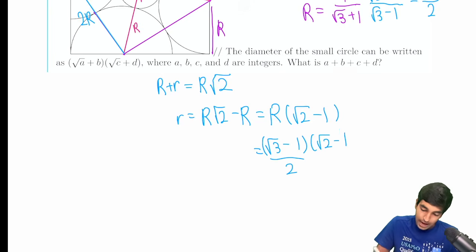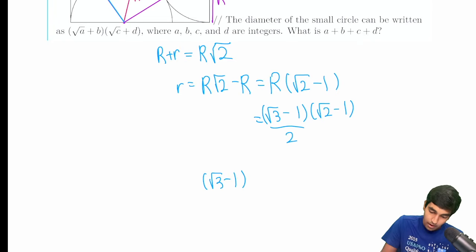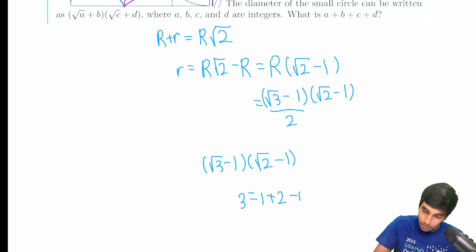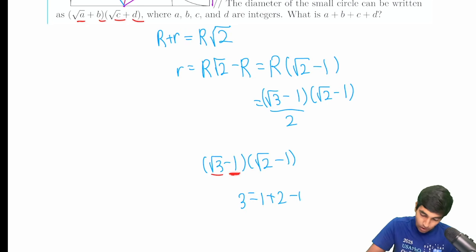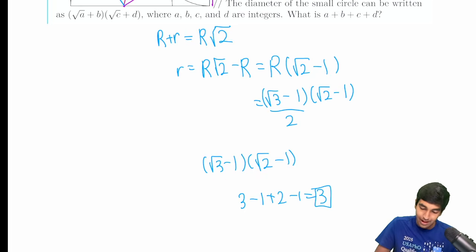But we're looking for the diameter, which is just 2 times this, so root 3 minus 1 times root 2 minus 1. Let's do it step by step, A, B, C, D, and we get an answer of 2 plus 1, 3. So 3 is the answer for this problem.